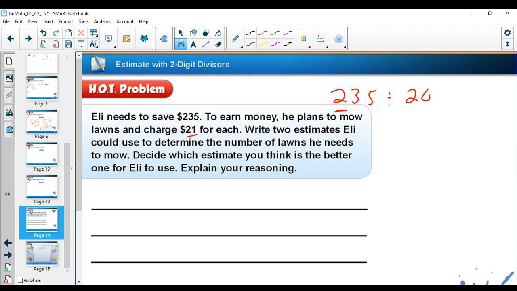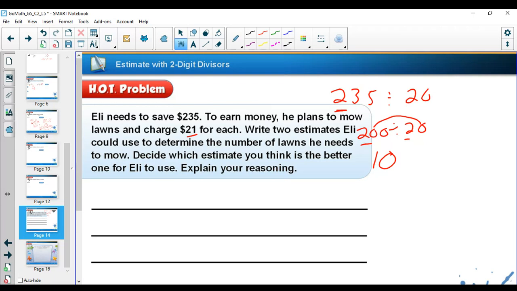I could say that 235 is about the same as 200 and divide that by 20. And that's totally fine. That will absolutely work. So I would say, well, 2 divided by 2 is 1. There's a 0 to deal with, and so the answer would be 10. So we could say that Eli needs to mow about 10 lawns.